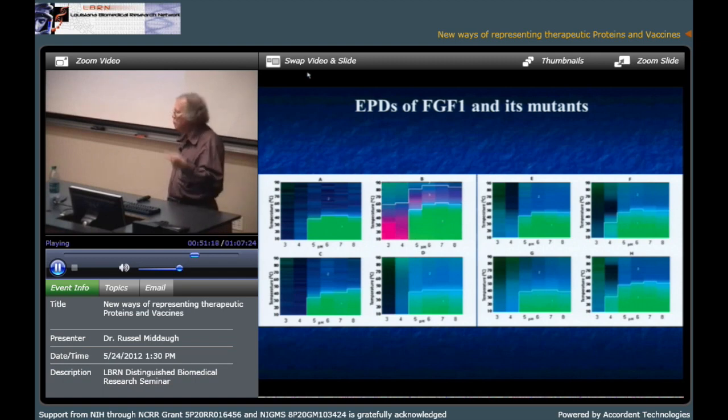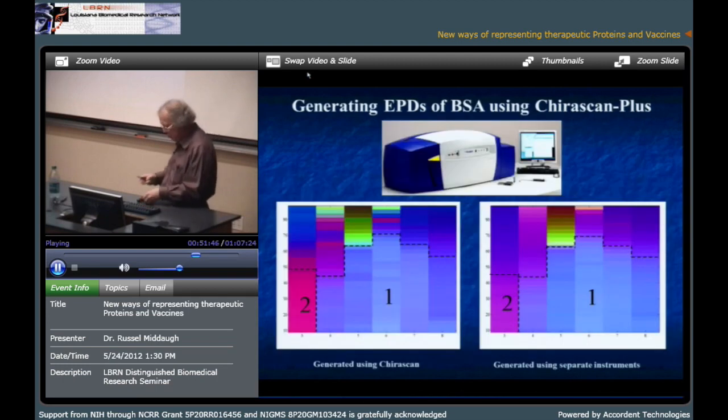So over the years, we've been working on mutating the protein, trying to separate the receptor binding capability and its ability to activate its various signal transduction pathways from the polyanion binding. We're making mutants, and we found such mutants, suffice it to say, and I just wanted to show you some phase diagrams of these mutants. You can see the wild type right here, but you can see how much we can push things up, for example, with some of these mutants. And phase diagrams show this very nicely.